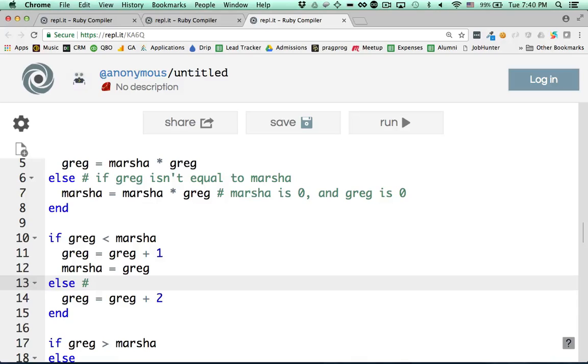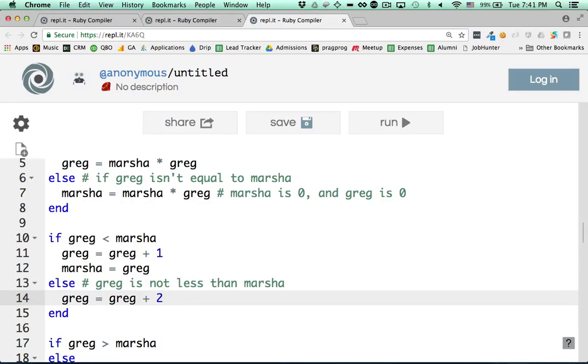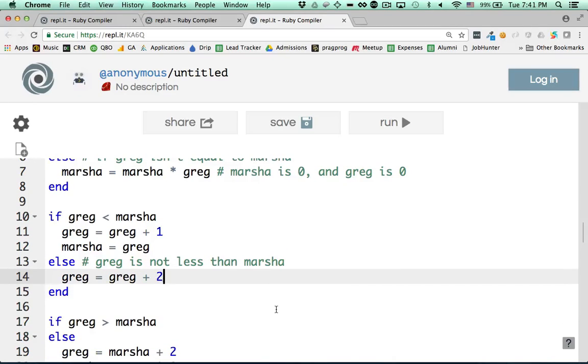Greater than or equal to Marcia. Yeah. Different ways to say it. If Greg is not less than Marcia, your way is also valid. So Greg is not less than Marcia, because they're the same. So line 14 gets run, right?